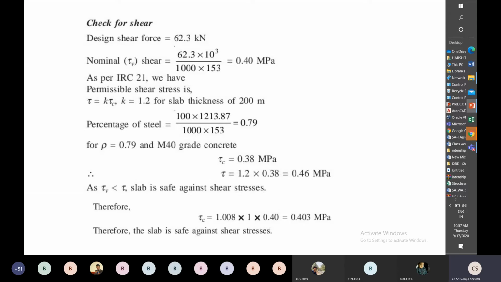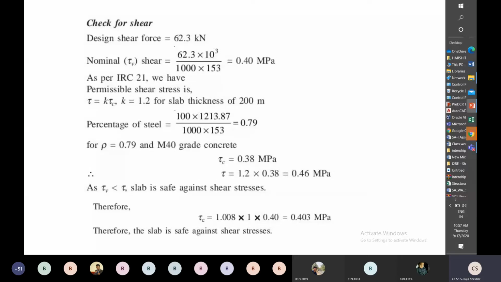We are providing main steel reinforcement along the shorter span and along the longer span. Because of this reinforcement and the grade of concrete, the slab itself will have some shear carrying capacity.